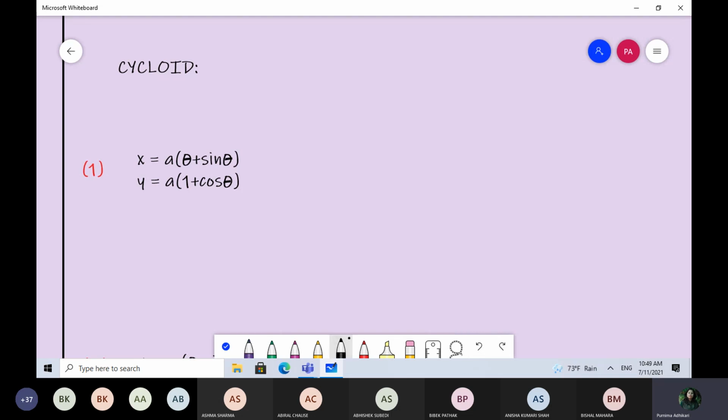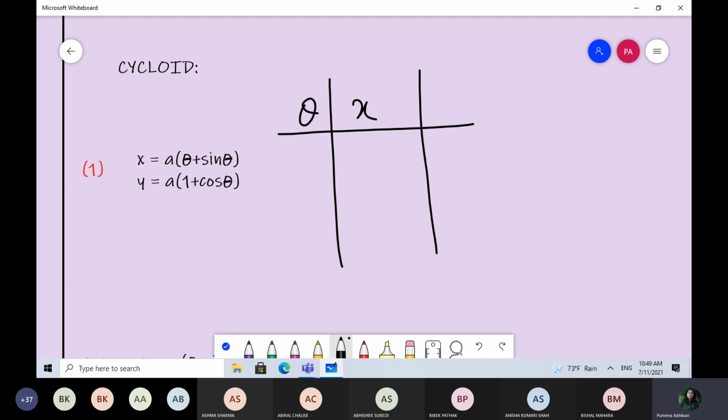Let's see. Okay, first, how do you find any point? You give different values to theta, and you will get different x and y, isn't it? Put different values of theta, and respectively you will get x and y.